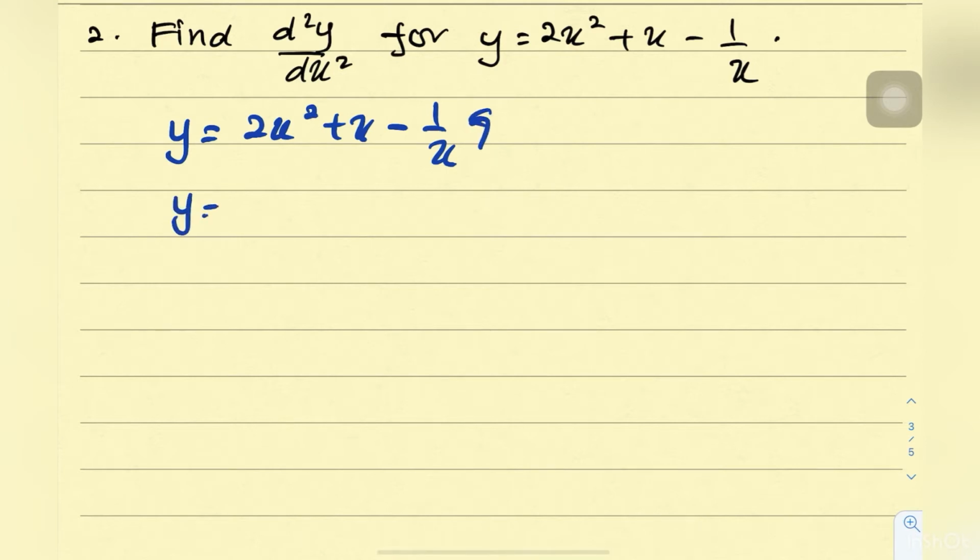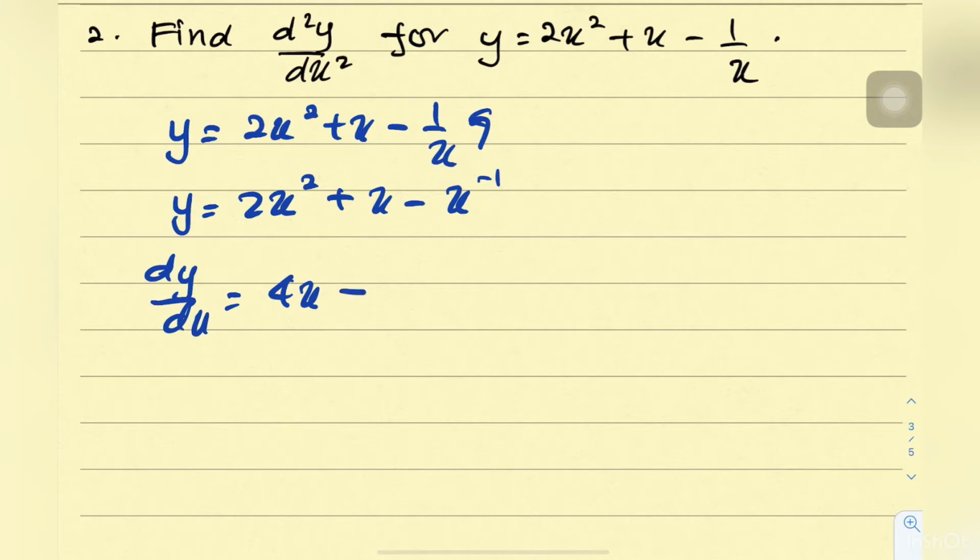We get y equals 2x squared plus x minus x to the power of negative 1. Then you can differentiate once, and you get dy/dx equals 4x plus 1 plus x to the power of negative 2.